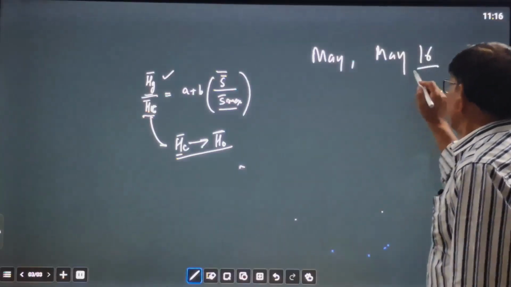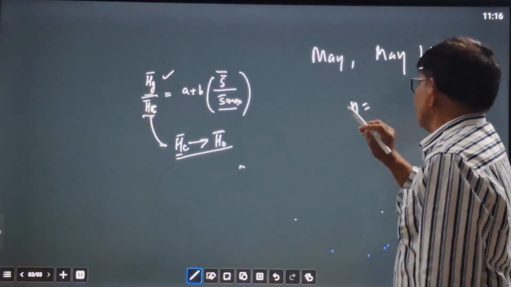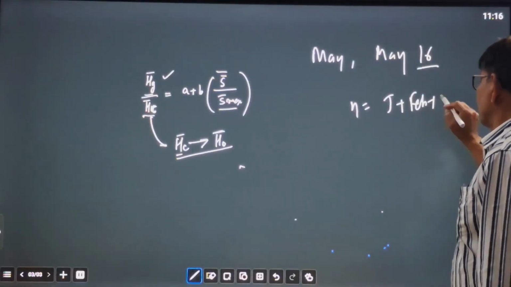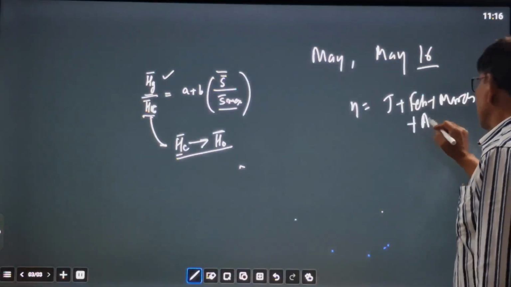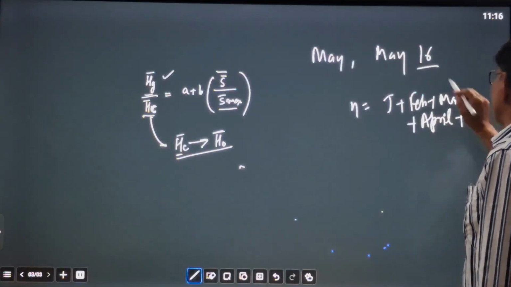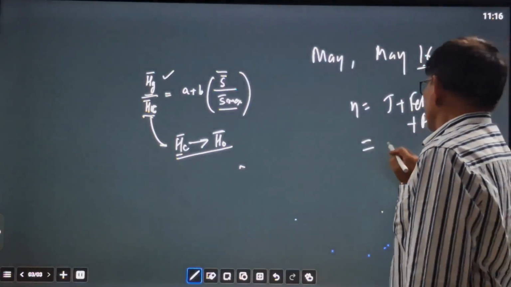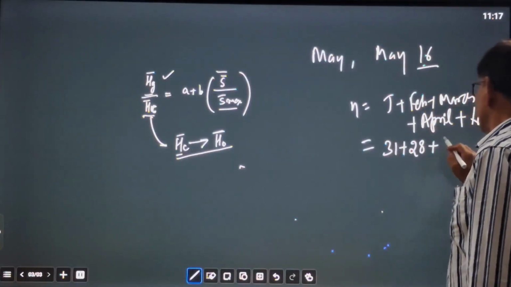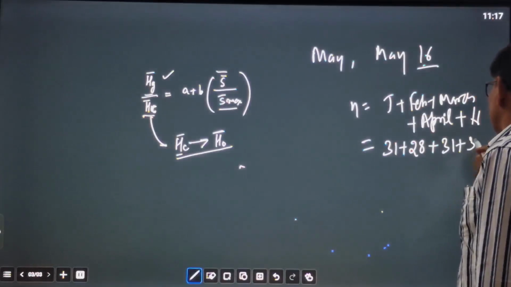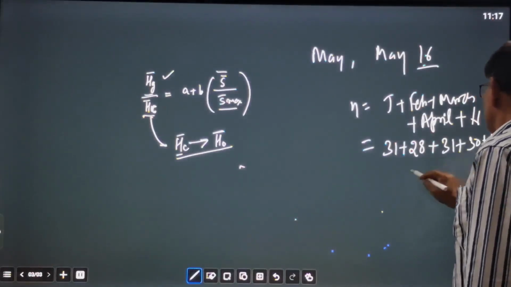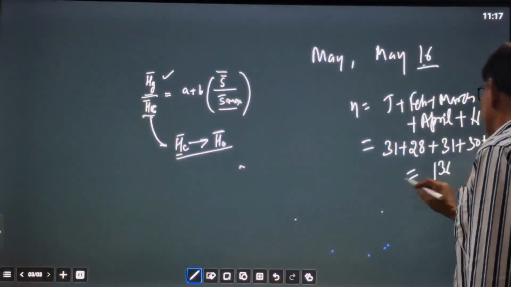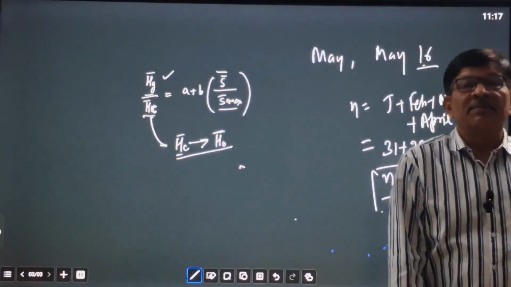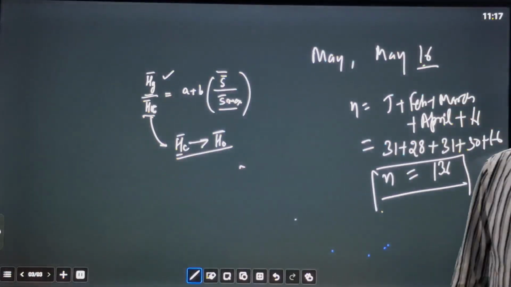So the number of days n on May 15 will be January plus February plus March plus April plus 15. January is 31, plus February 28, plus March 31, plus April 30, plus 15. It will be 136. So n becomes 136, because we have to use n for finding the angle of declination.